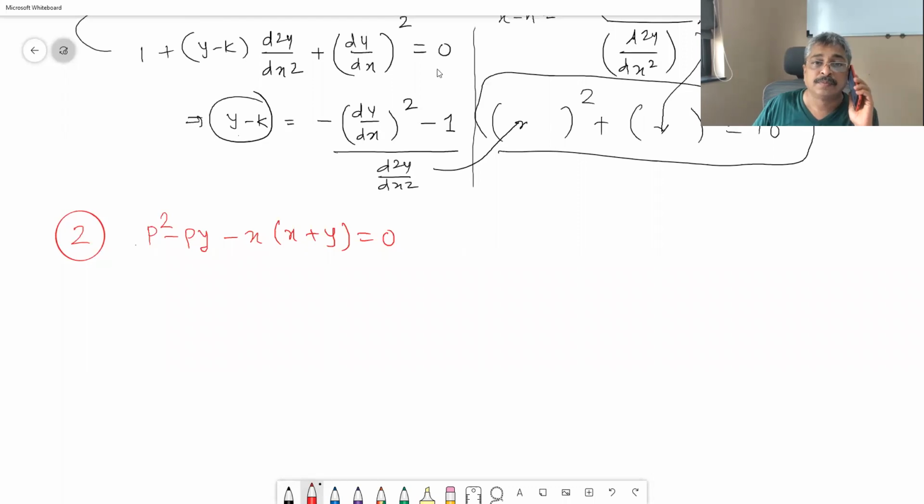Answer. p square minus py minus x into x plus y is equal to 0.